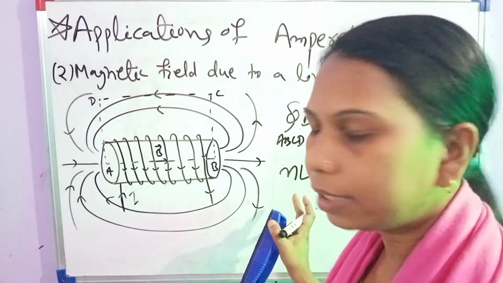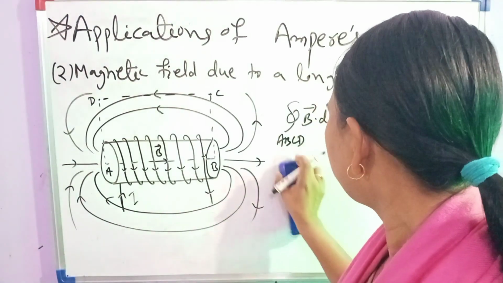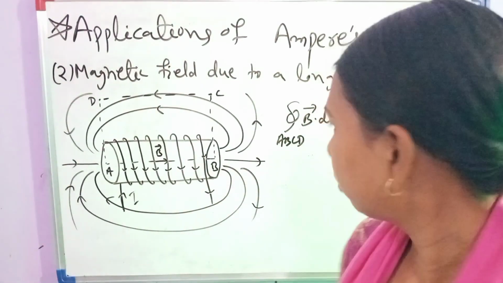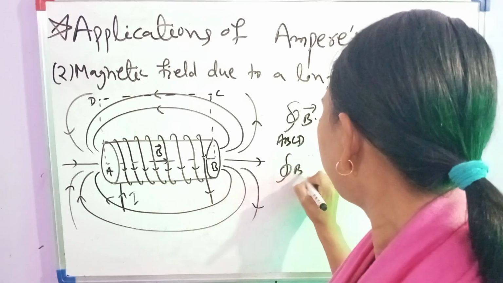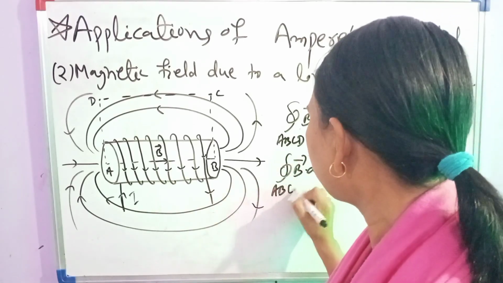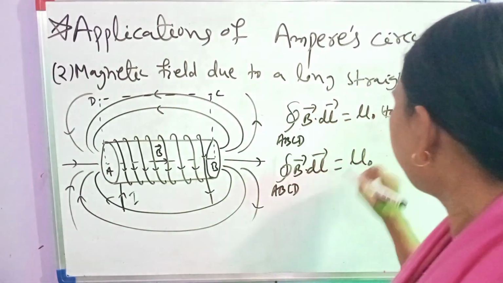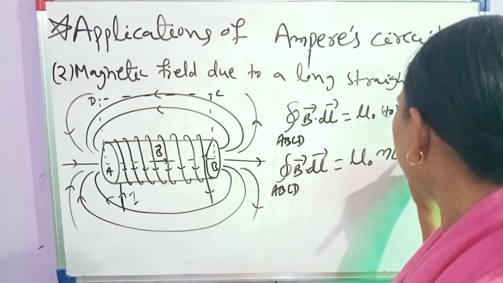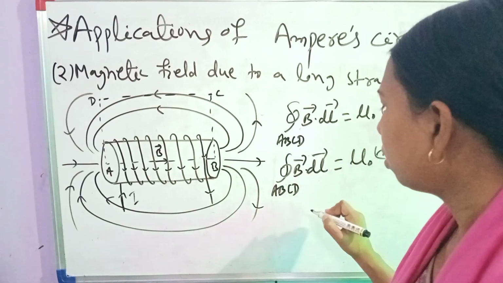So integration of B dot dl along the closed path ABCD equals mu naught nL into I.